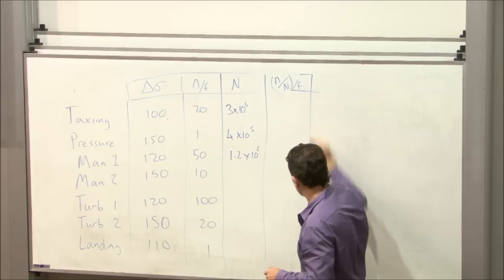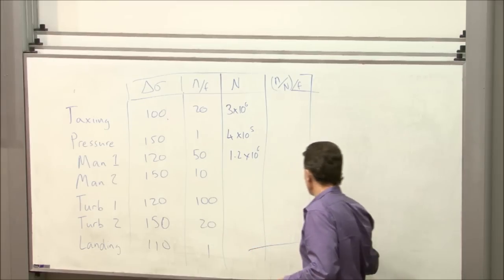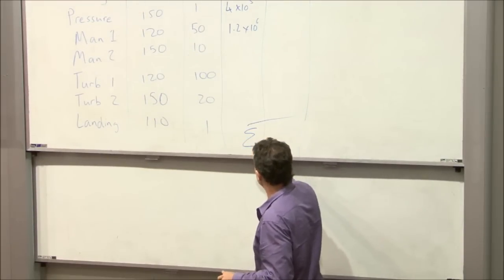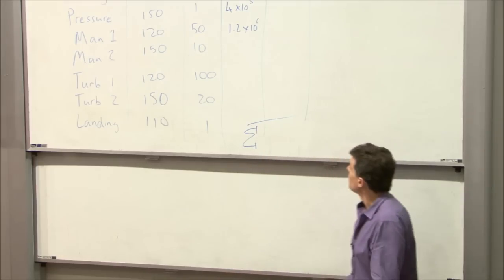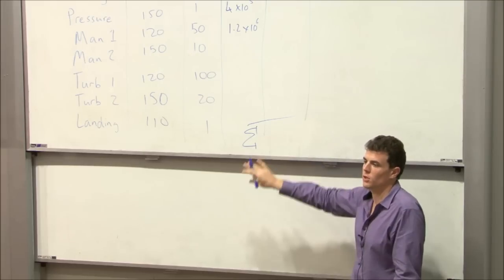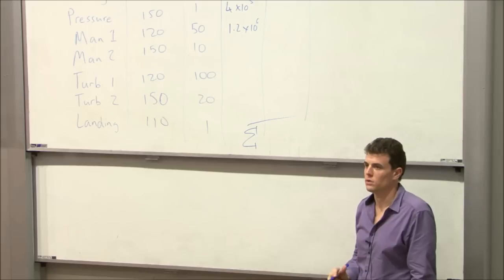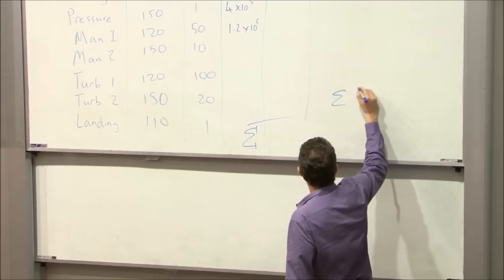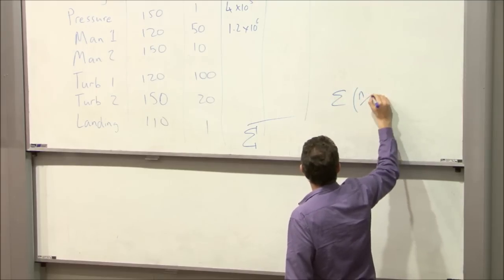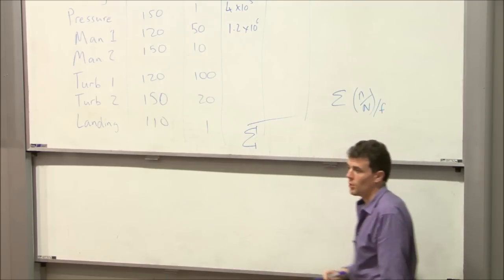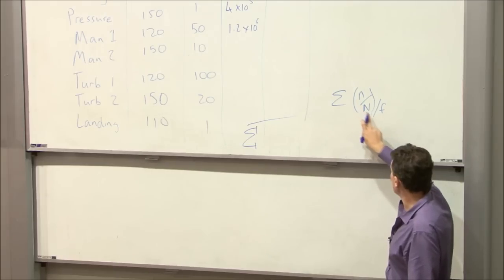Now, if you do that and you take a sum of all of those, that gives you in one flight the fraction of the lifetime that you've used for the aircraft. So you've got the sum of the fraction of the lifetime per flight.